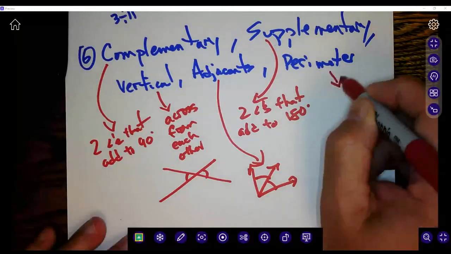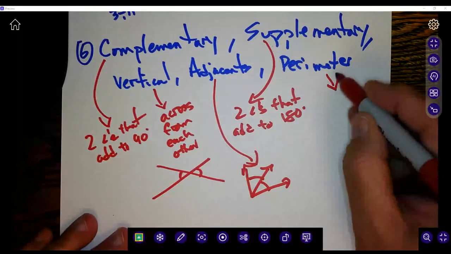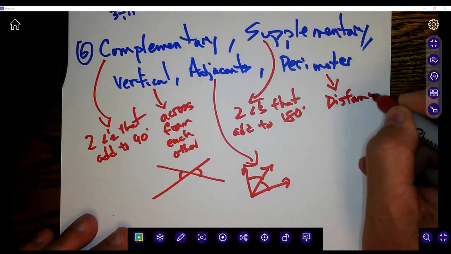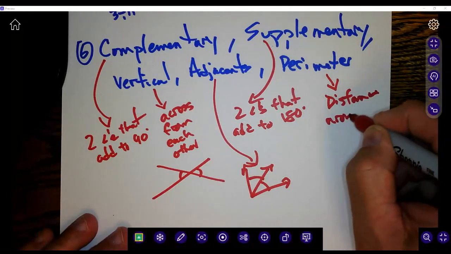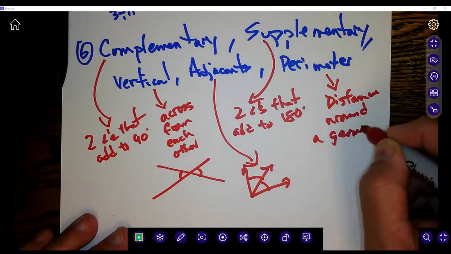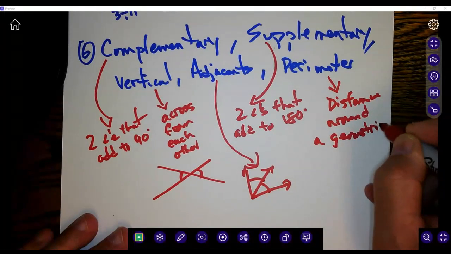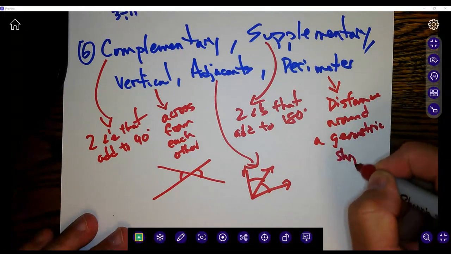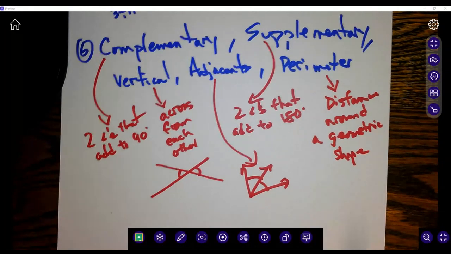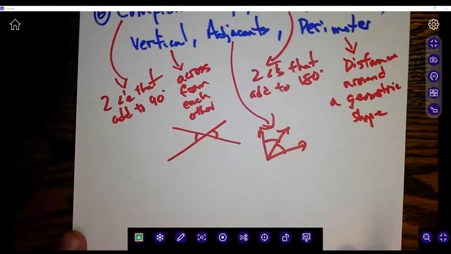And the last thing we did here was perimeter, and that is the distance around a geometric shape. And so you simply just add the sides. That's all there is to perimeter, adding up the sides.